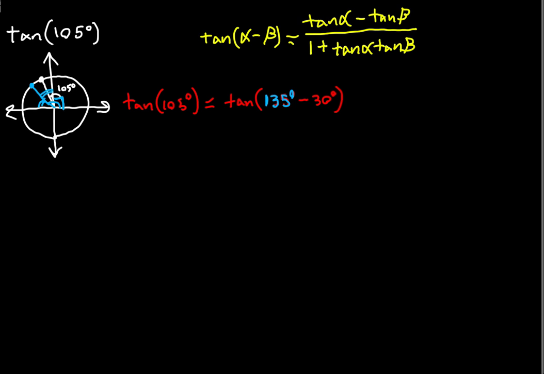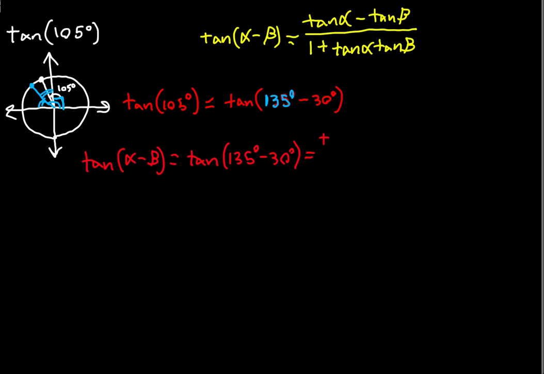So let's plug these values into our formula. We have the tangent of alpha minus beta, which is going to be, in this problem, you don't have to write this out when you're actually solving one of these problems, the tangent of 135 degrees minus 30 degrees. Let's plug that all in.